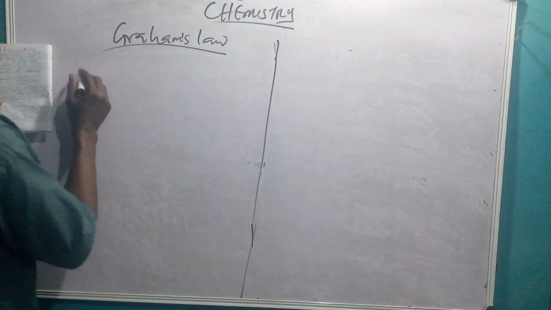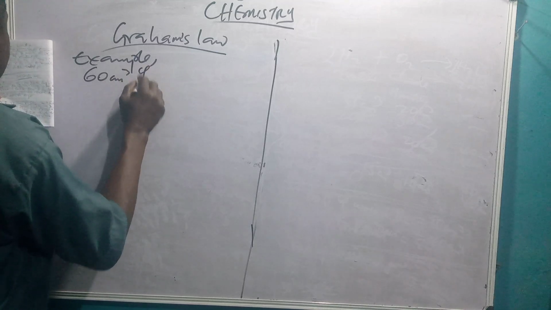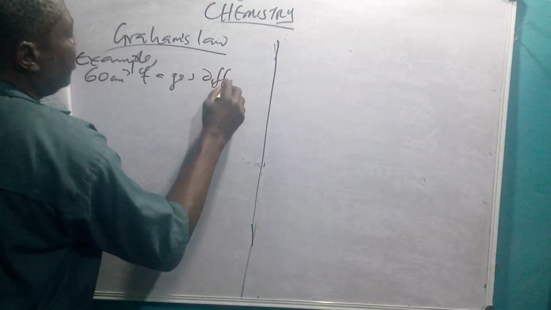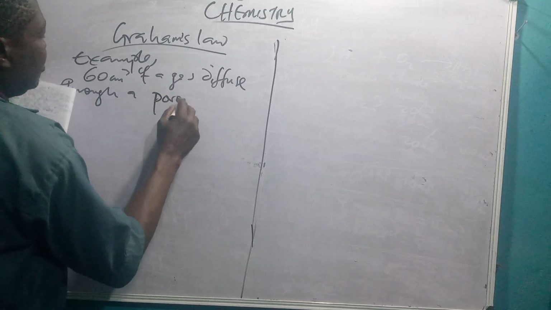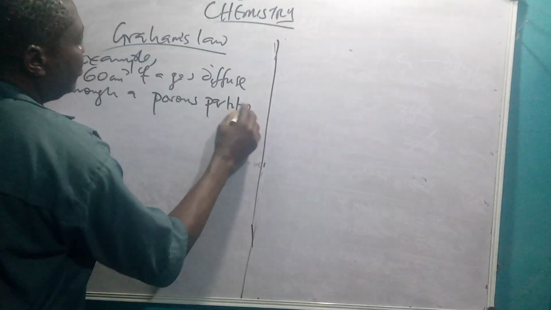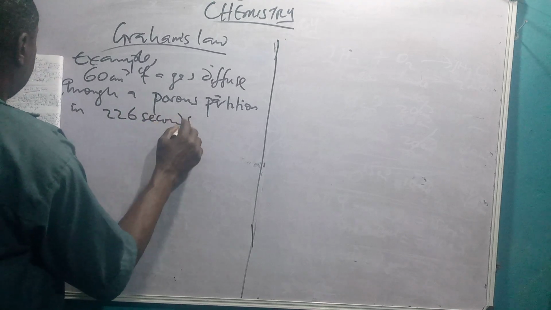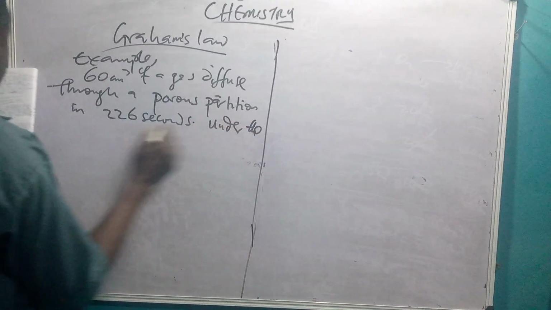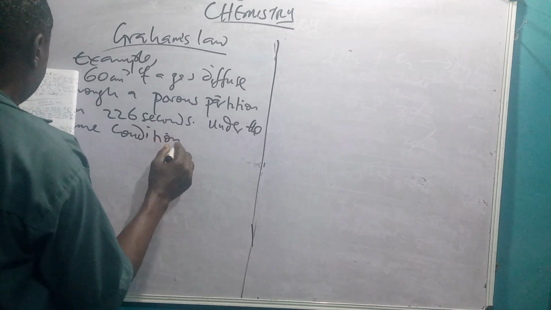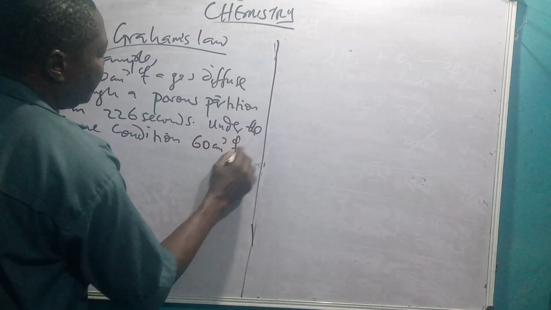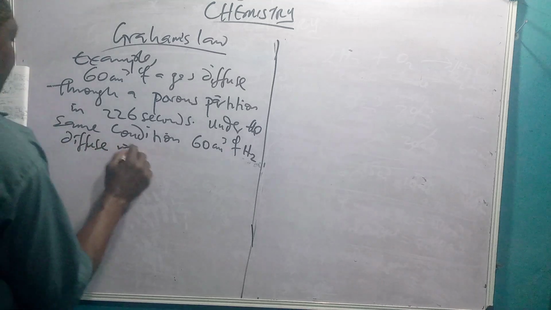For example, 60 cm cube of a gas diffused through a porous, that's an opening, partition in 226 seconds under the same condition. 60 cm cube of hydrogen diffused in 40 seconds.